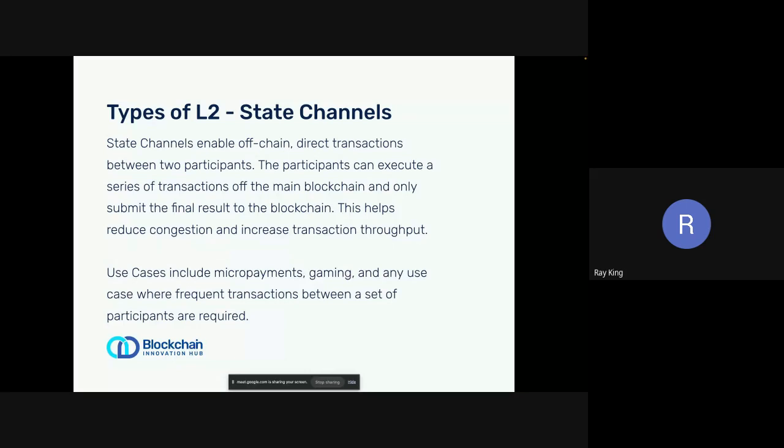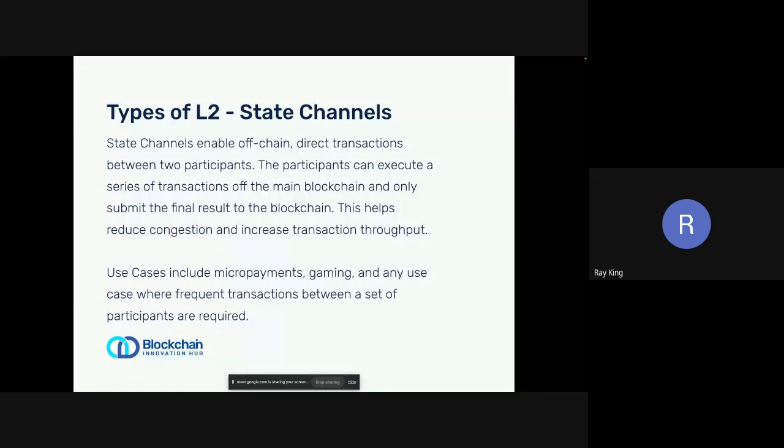Once the transaction is done off the main blockchain, the final result will be added to the main blockchain. So the transactions are taken off the blockchain, and once they are done, the result is added back to the main blockchain.